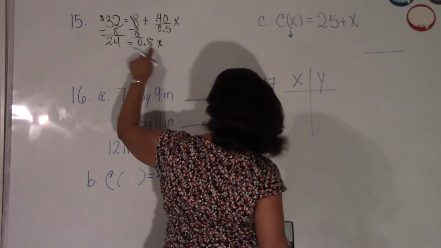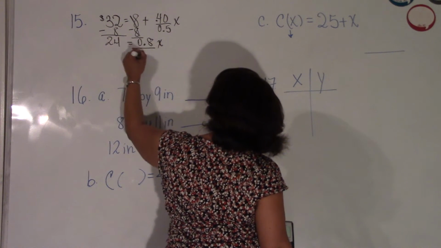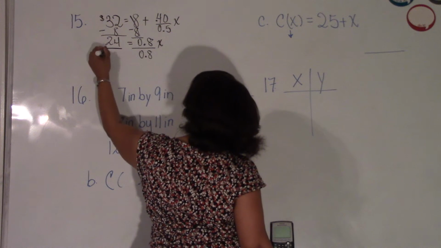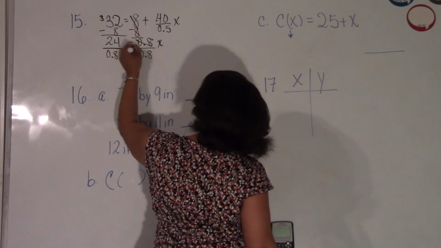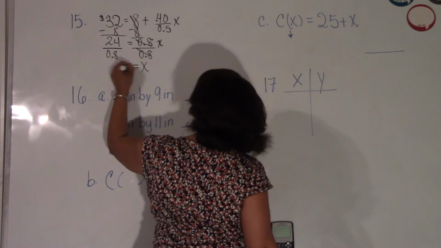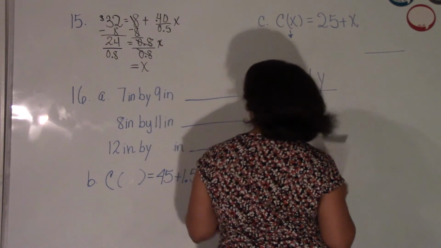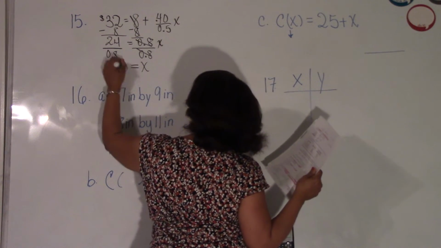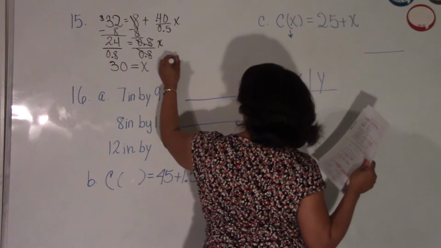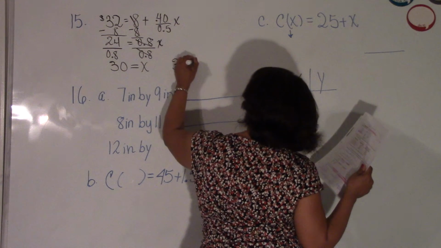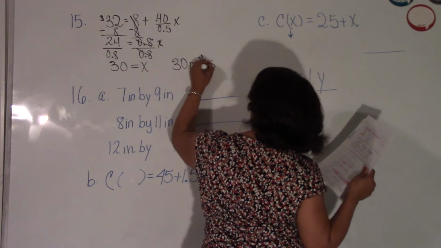So now we have 24 is equal to 0.8x. We divide both sides of our equation by 0.8 because we're solving for x. And what we get is 30, which means the trip traveled was 30 miles. The taxi went 30 miles.